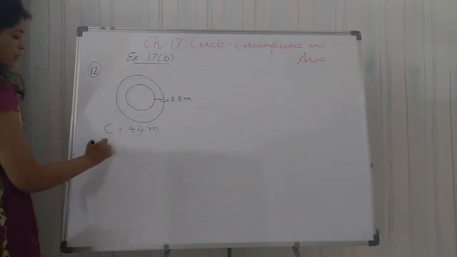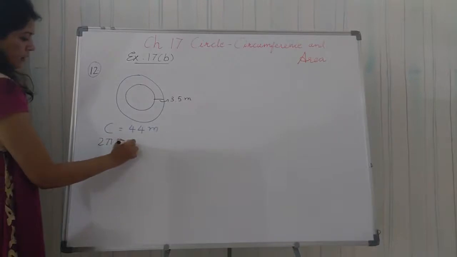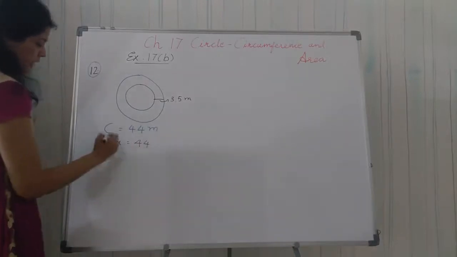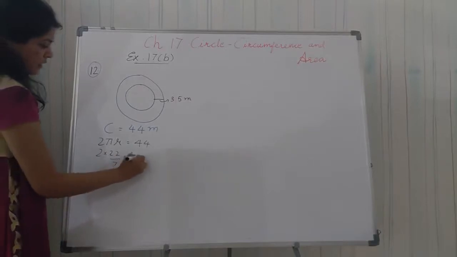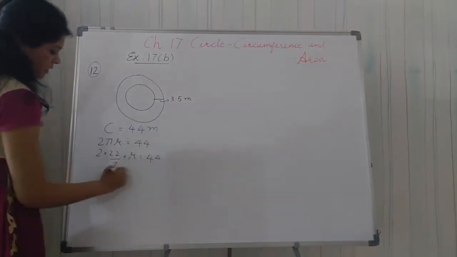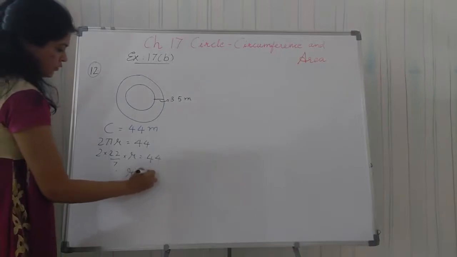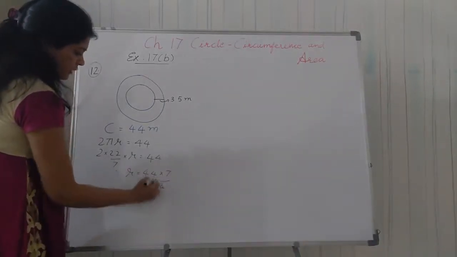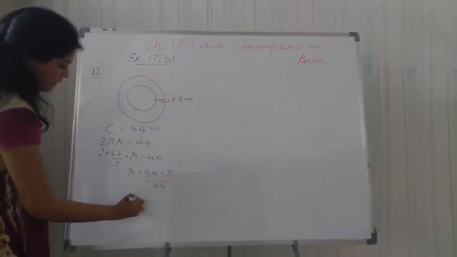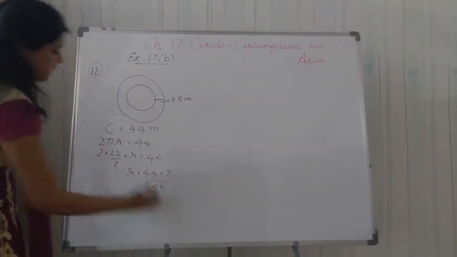So using our formula 2 pi r, we first calculate its radius. So here 22 by 7 into r is equal to 44. Therefore, radius is equal to 44 into 7 upon 44. 44 get cancelled. So r value is 7 meters.